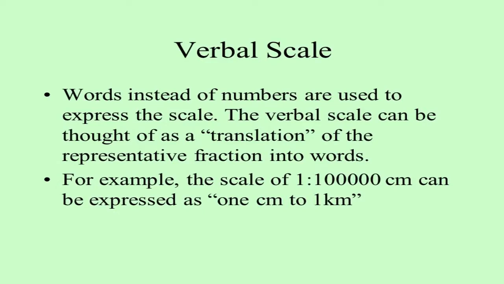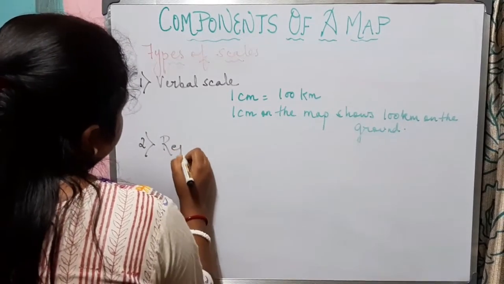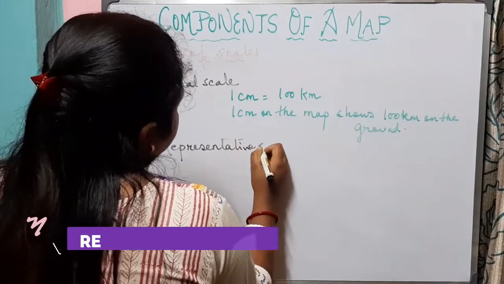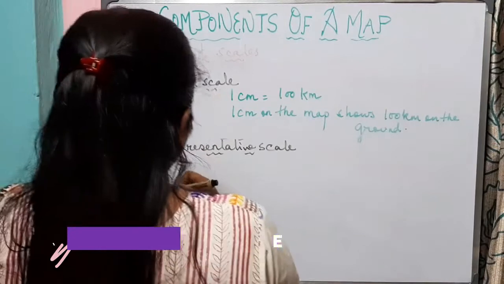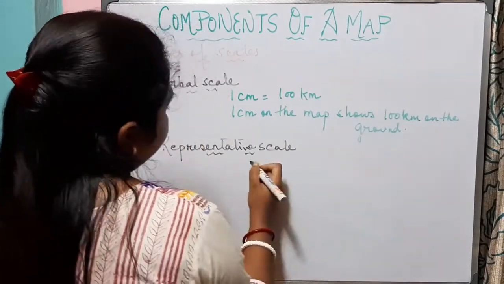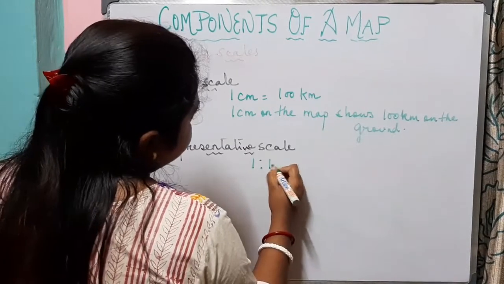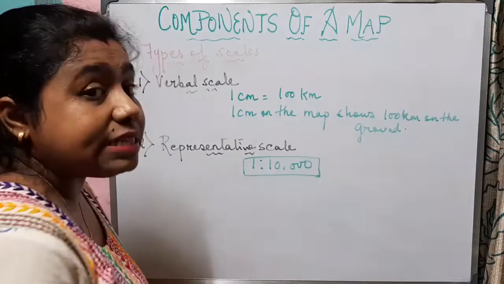Now, we can also see a representative scale. What is a representative scale? On a map, we will see it is written 1:10,000. This is referred to as the representative scale.